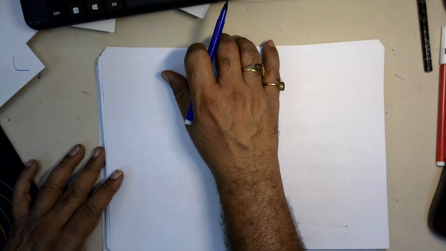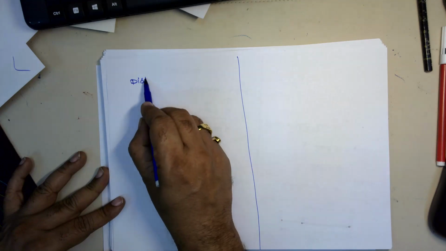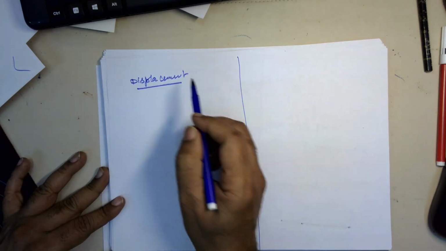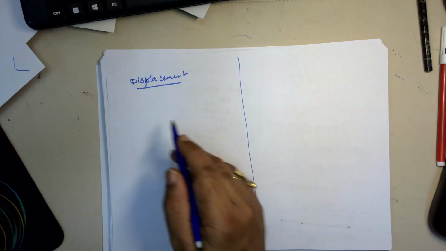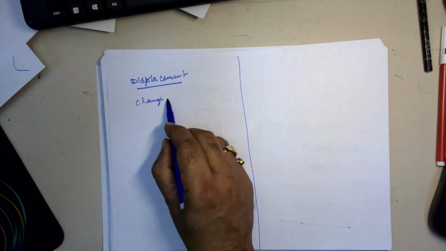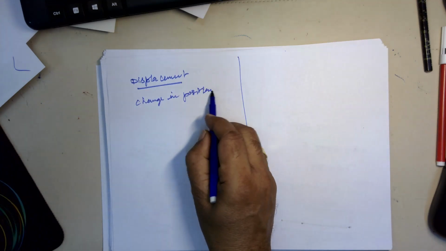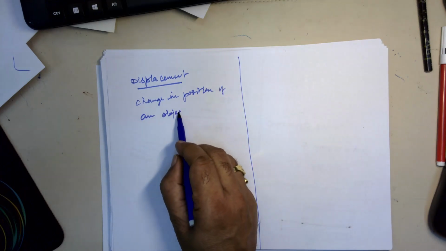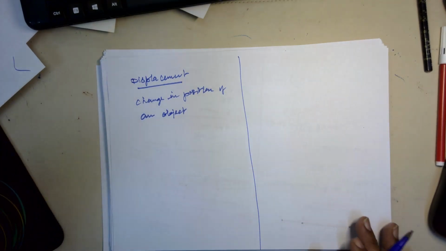Then displacement, take down. The change in position of an object is called displacement.